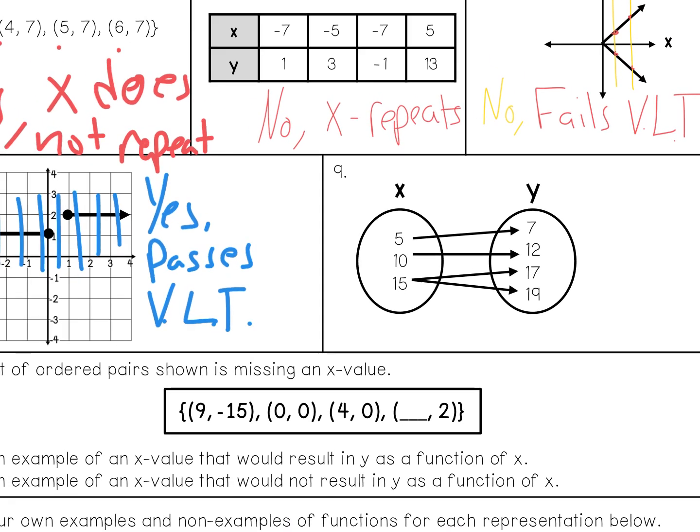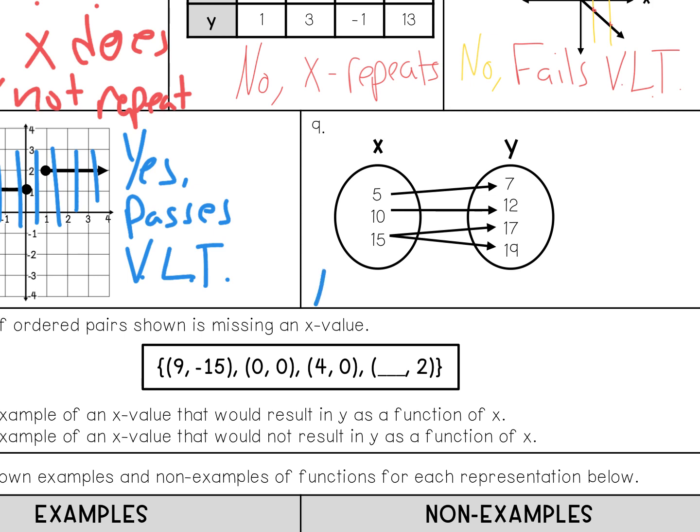And then number 9, do any of those x values repeat? Yes. So the answer is not a function, because 15 repeats. So this time, instead of saying x, I gave you the x value that was repeating, right? So 15 is repeating, and it has different outputs.